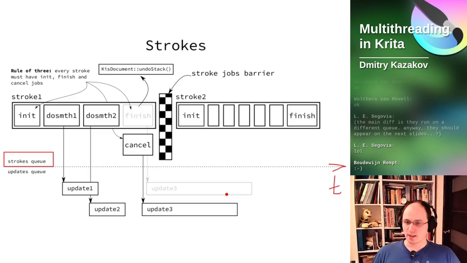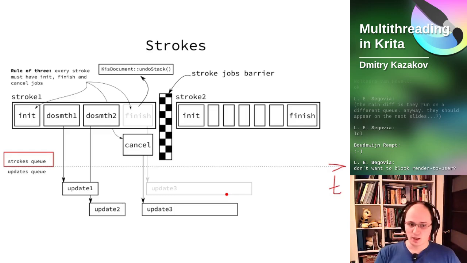And this is also intentional, because when the user makes a lot of short strokes, the updates are running in parallel. We don't want the render of the image to block actual painting, because painting is very calculation intensive.